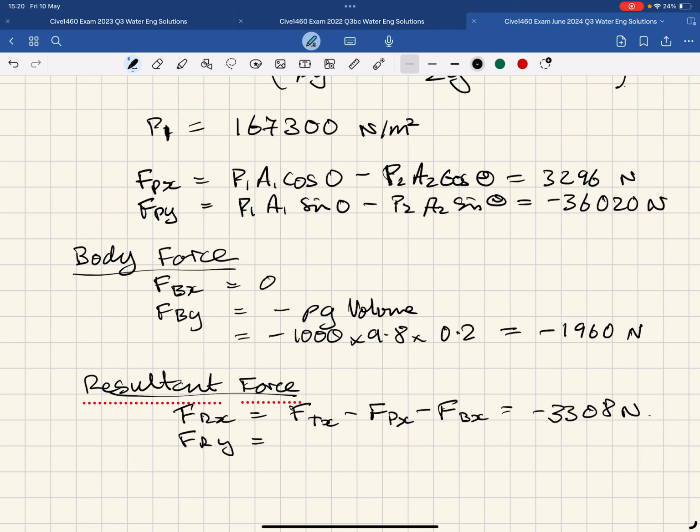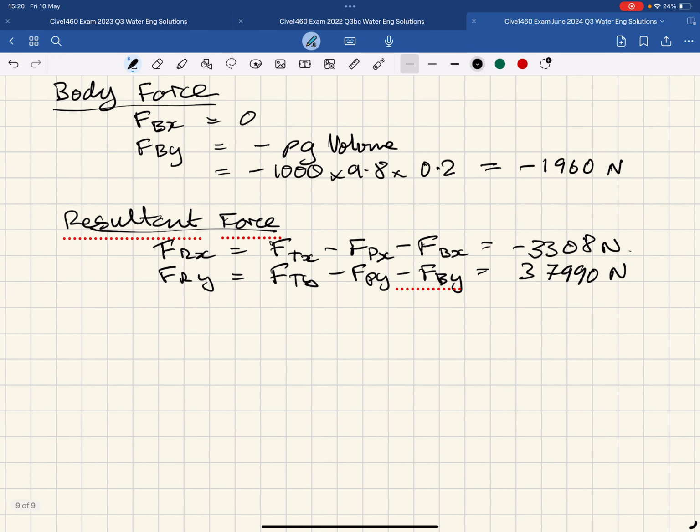Fry equals Fty minus Fpy minus Fby, which comes out to be positive 3799 newtons.